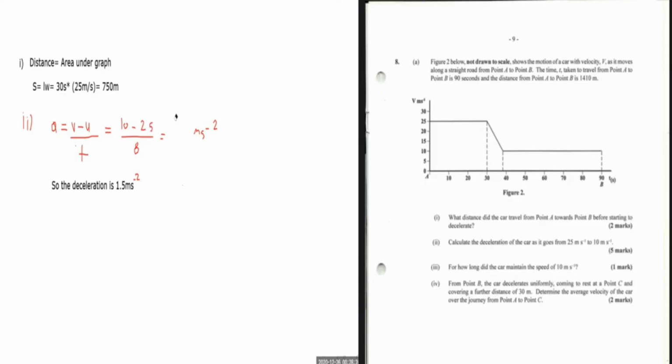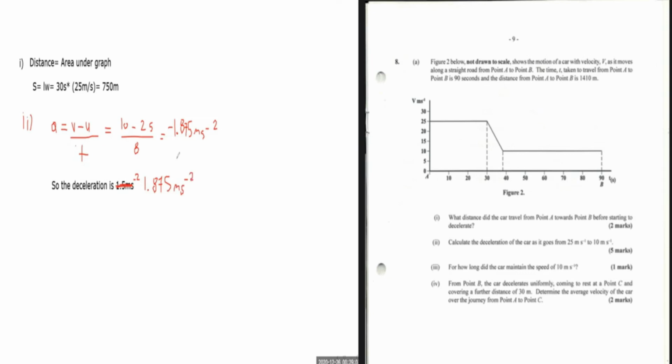So it's going to be 10 minus 25 divided by 8, that's negative 1.875. So this should be the deceleration, scrap the previous one, 1.875 meters per second squared. They're trying to be tricky, but that's not that tricky.